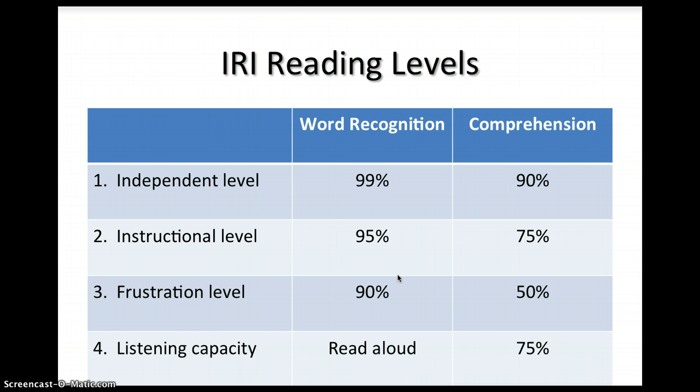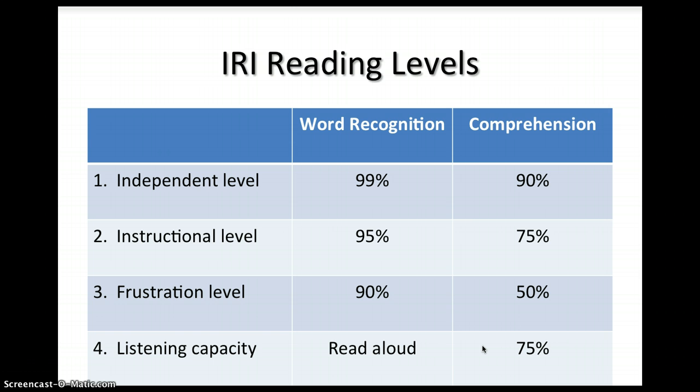And think about if you did not know at all 10 of those words, and typically the 10 words you don't know would be the 10 most complicated words. And the most complicated words sometimes are the most important words, or those key vocabulary words. Would you be able to understand what you read? Would you be frustrated? Probably so. And so at this point, a child will only understand about half of what they read.